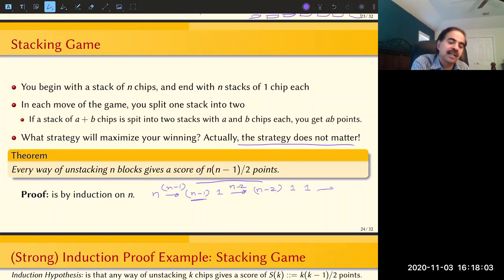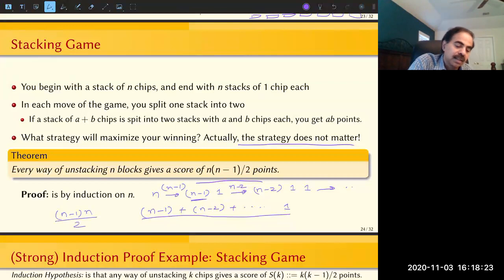So you can see that over this game, you will get n minus 1 plus n minus 2 all the way to 1, right? Which we already know the formula for adding these up, and that is n minus 1 times n divided by 2, right? So we can easily see that the strategy that always just takes off 1 and makes a new stack with just 1 is going to earn this n minus 1 times n divided by 2 points.